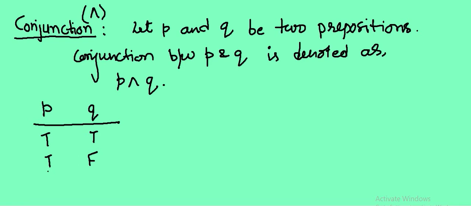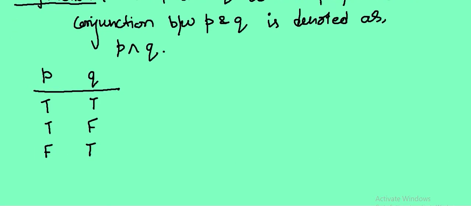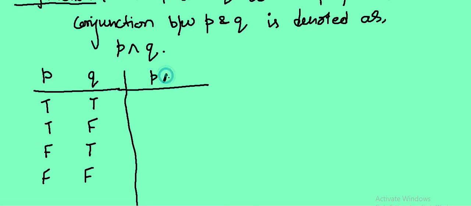So P is true and Q is false, or P is false and Q is true, right? And the other possible combination will be false and false. So if I write this with the conjunction P and Q, true and true will be true, true and false is false, false and true is false, and false and false is false.